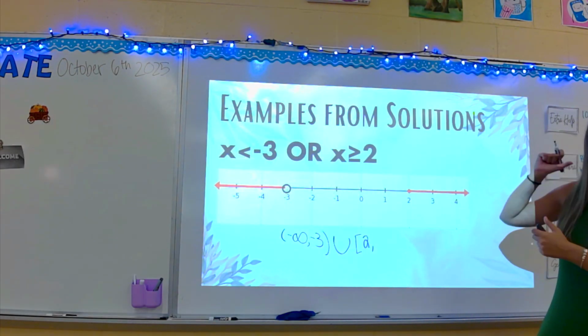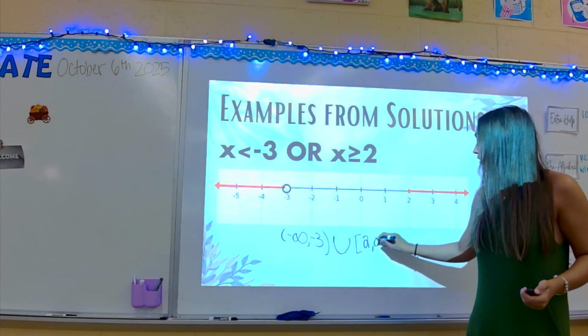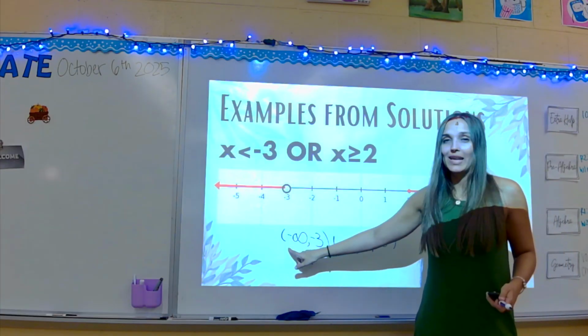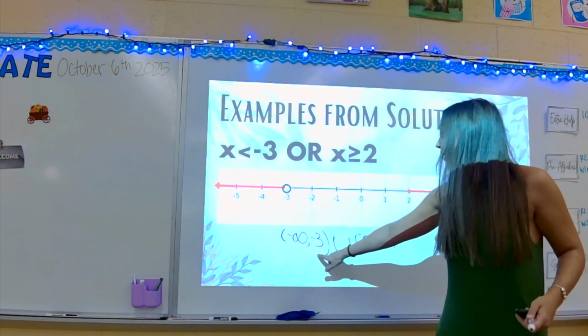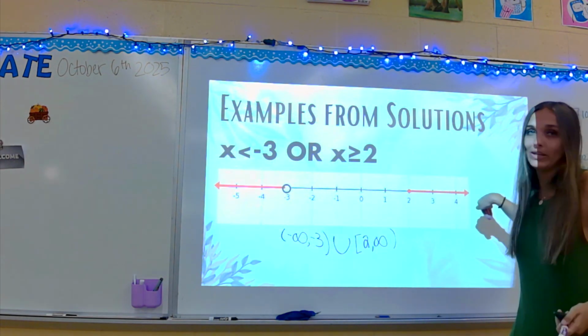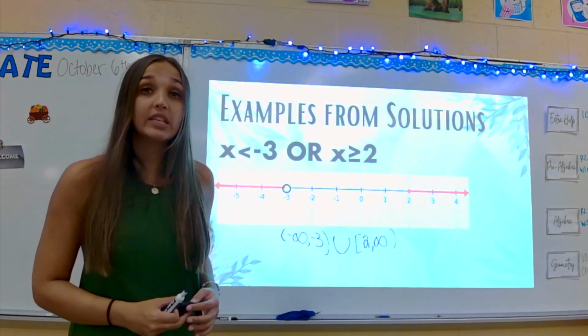The arrow means forever. Anytime we see an arrow, that means it's infinity, and we're going to positive infinity. And if we look, we're going from smallest to biggest. Negative infinity is the smallest, to negative 3. We connect the 2. 2 is next, all the way to infinity. So this is how you do interval notation for an or statement.